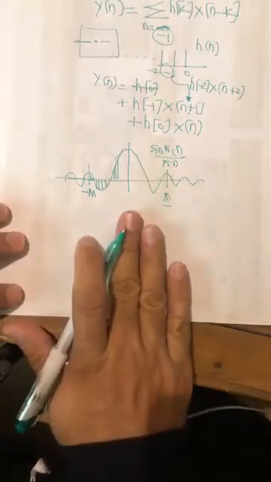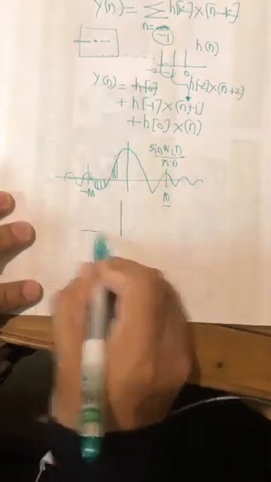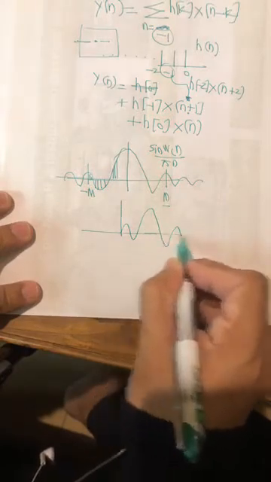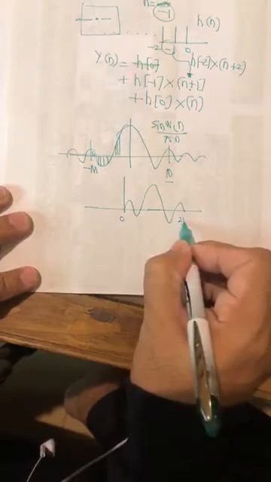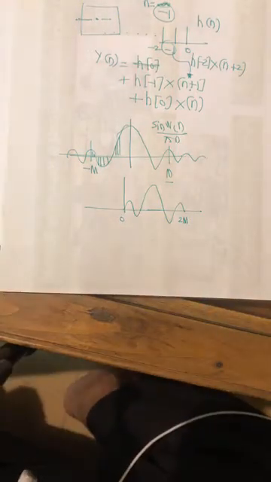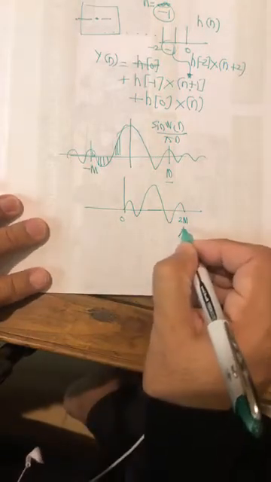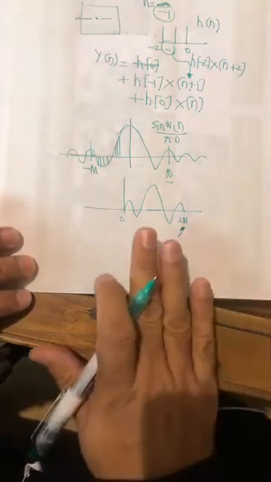Because this is non-causal, it requires m future samples, so you shift it in time. This is how a realizable system is going to look. M depends upon the number of multiplications, and how good a response you want from your system.